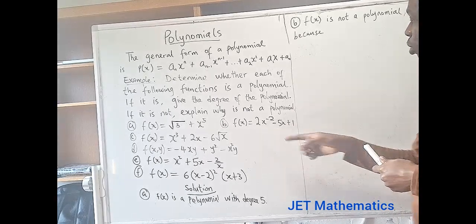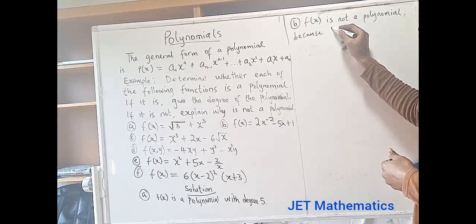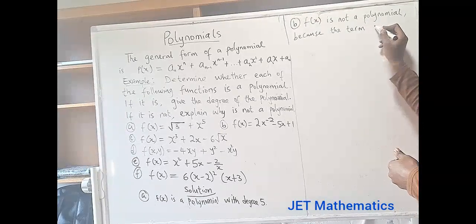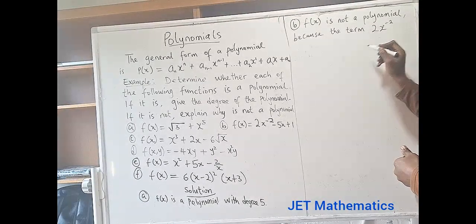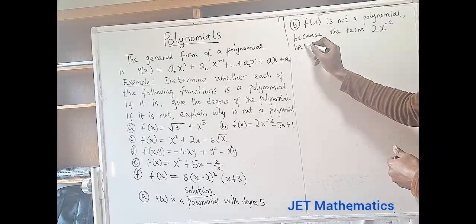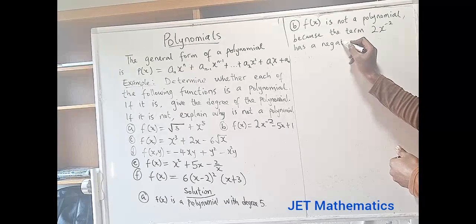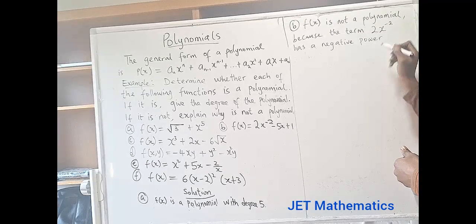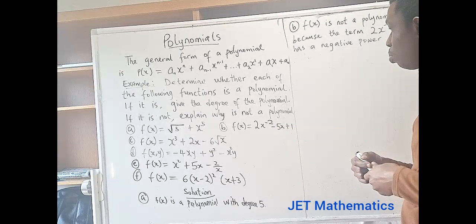So this is not a polynomial because the term 2x raised to the power of minus 2 has a negative power.